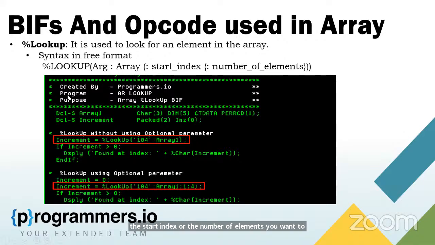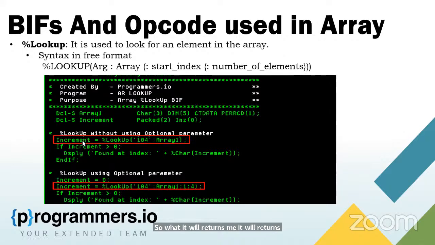If you see the sample program, I'm using array one, a compile time array with one entry per record. I'm returning an index value into the local variable, initialized with 0. If I use %LOOKUP and look for 104 in array 1, it will return the position of the index.